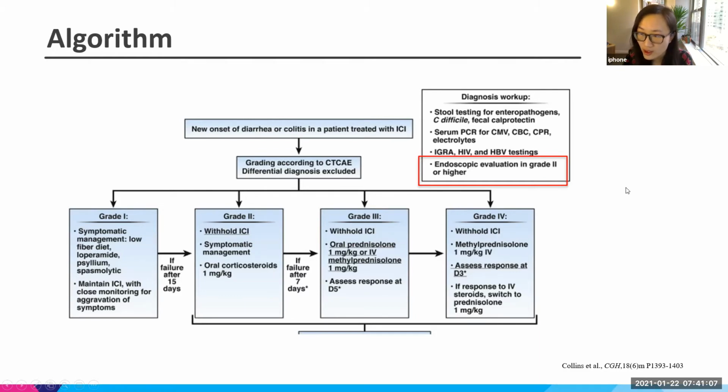Again, in 40% of patients, they might not have endoscopic findings. You can see erythema, luminal bleeding, erosions, and ulcerations, usually in a patchy distribution.